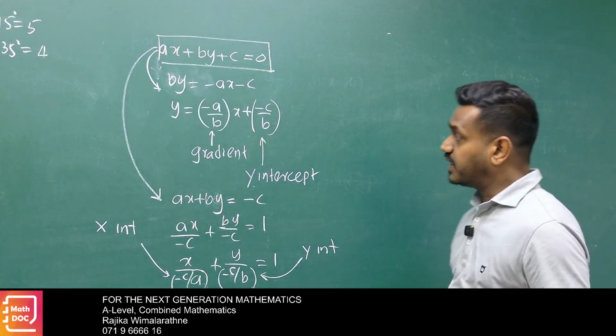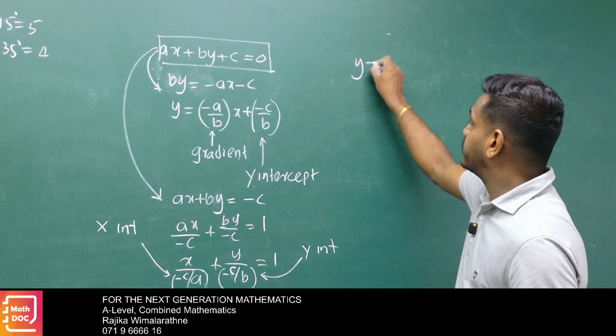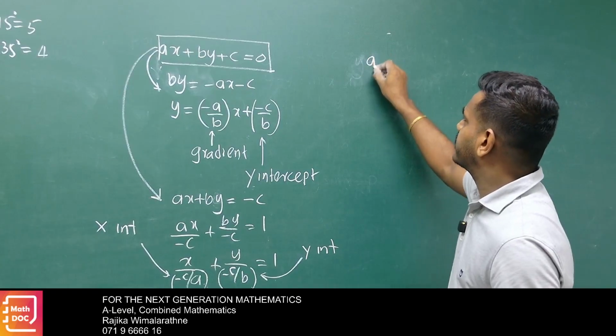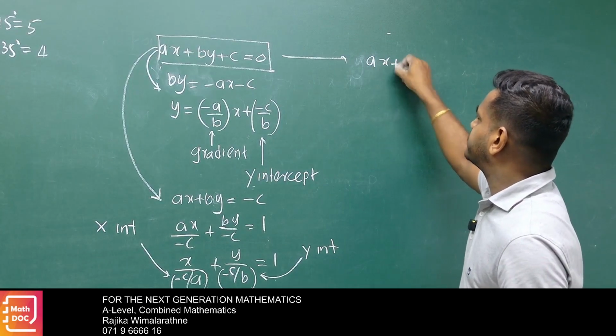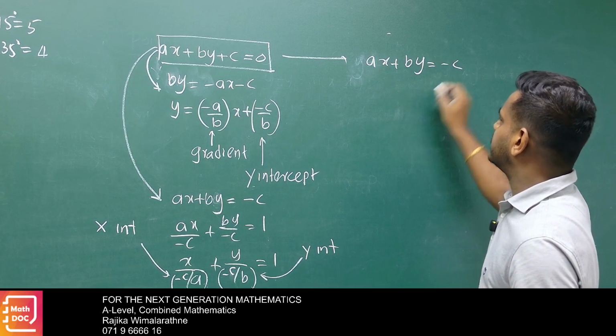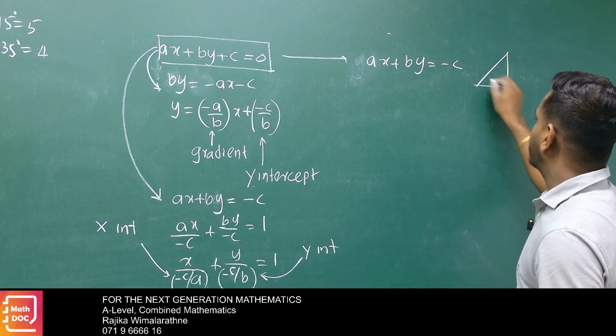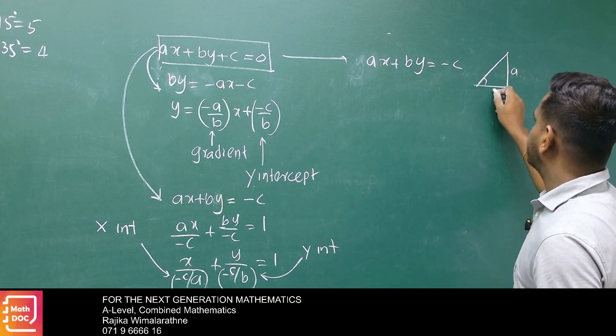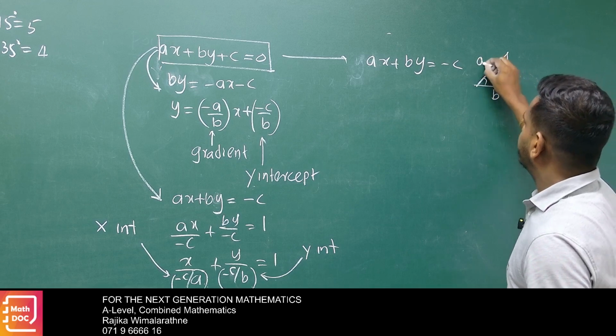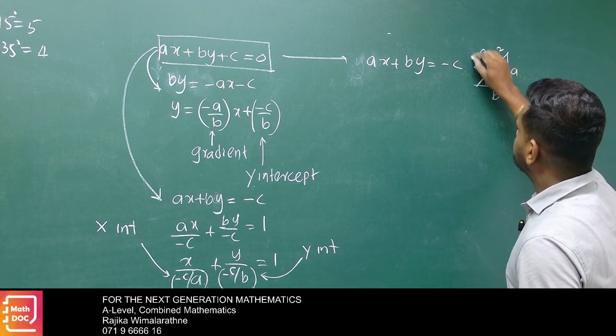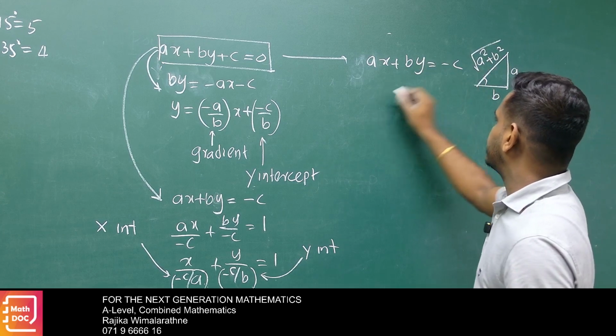Okay, see. Now next, ax plus by equals minus c. Now take a squared plus b squared, square root. Then divide by this one.